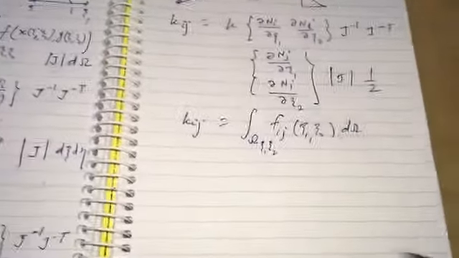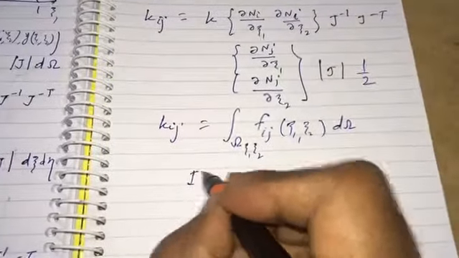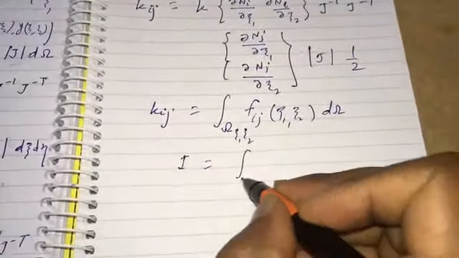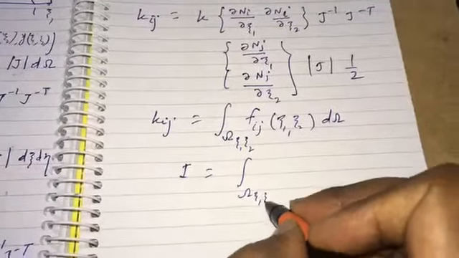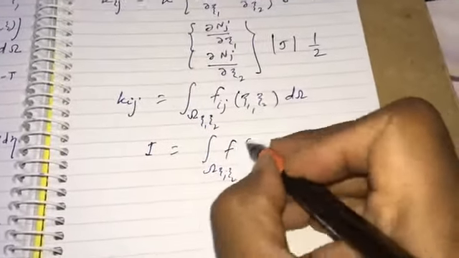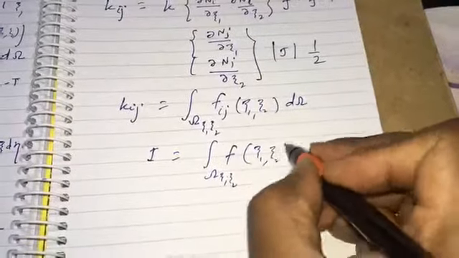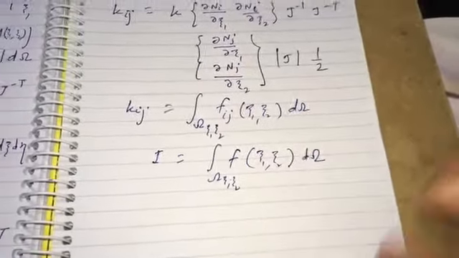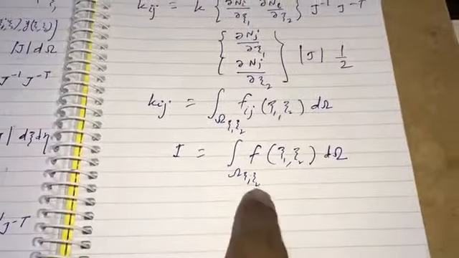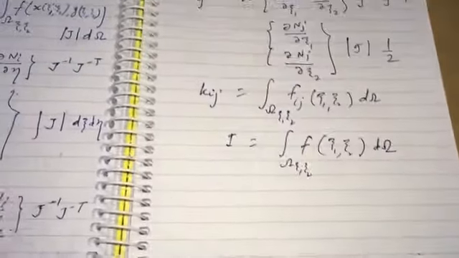Instead of K_ij, let's say in general we have the integral over Ω of a function f(ξ1, ξ2) dΩ. If we had to find this out, how would we do it?